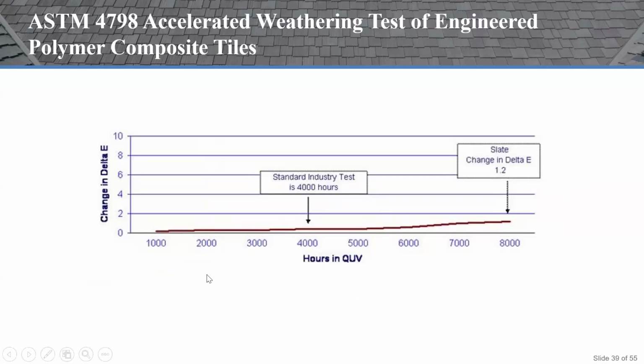In this example, an industry standard in accelerated weather testing is typically to put the material in the QUV chamber for about 4,000 hours. At the company I work for, we actually go twice as long, 8,000 hours, double the duration of the industry standard, and you would see a change in color in those products of less than 1 delta or 1.2 delta, which is virtually indistinguishable to the eyeball.